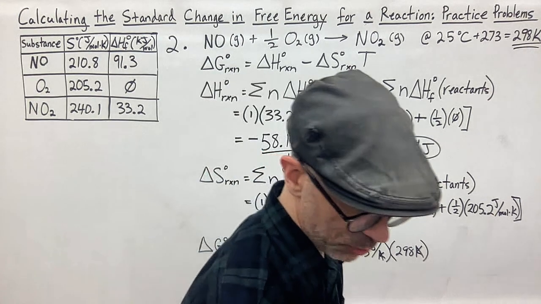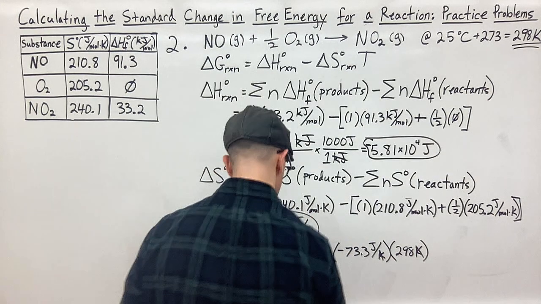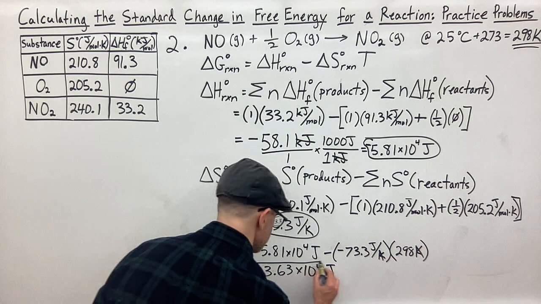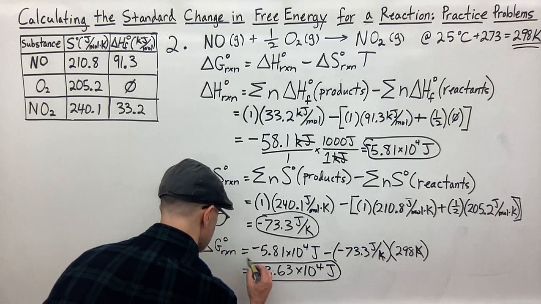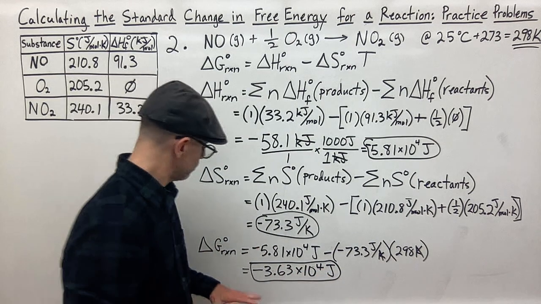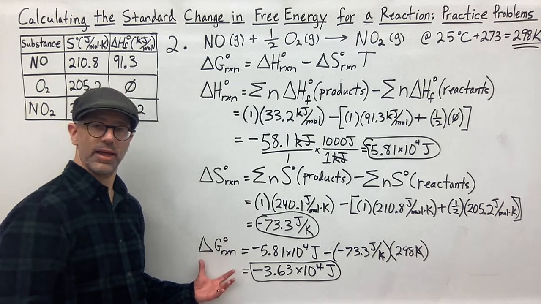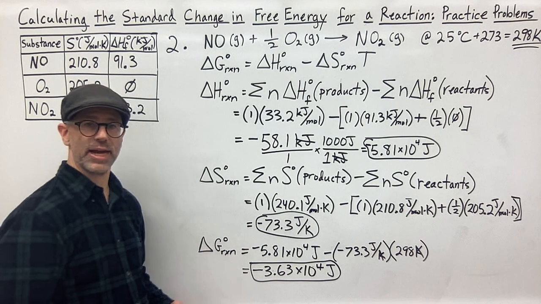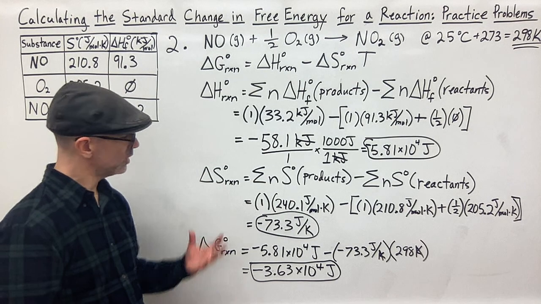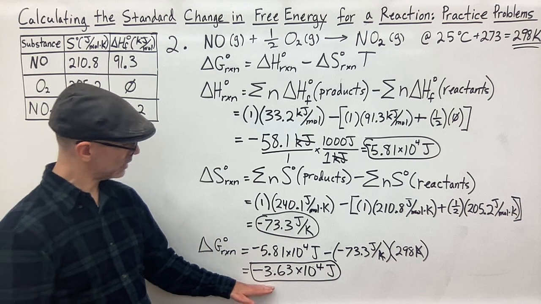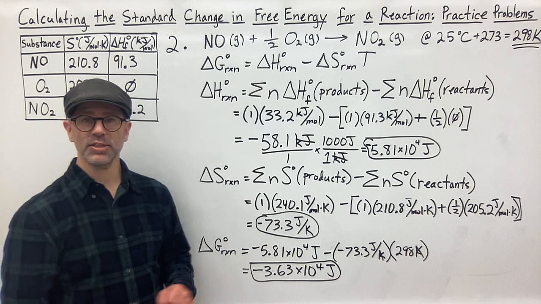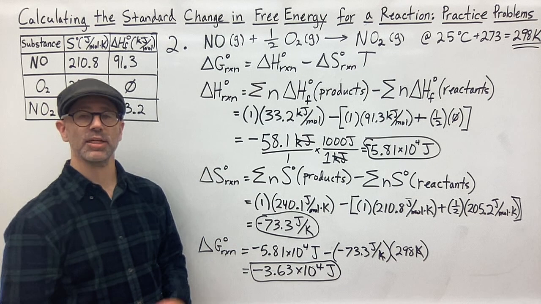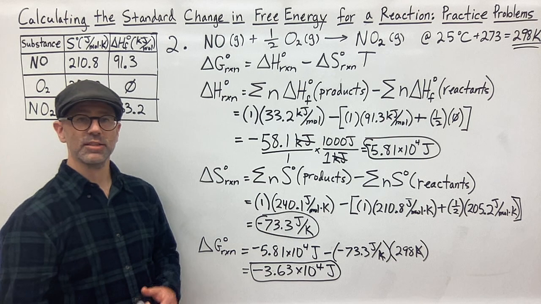Let me double check that, 3.63, yes. So this is the standard free energy change of this reaction at that temperature under standard conditions. So that means that since it's negative, this reaction is spontaneous under standard temperature.